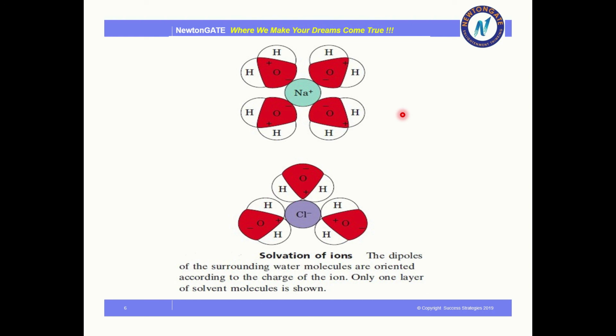This means that the ions are now surrounded by the solvent molecules. Generally the term is solvation, but if the solvent is water, then you call it hydration of ions, hydrated ions.